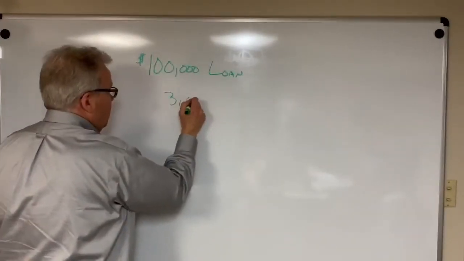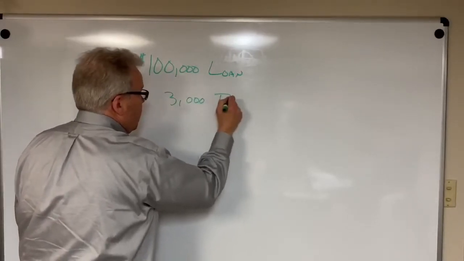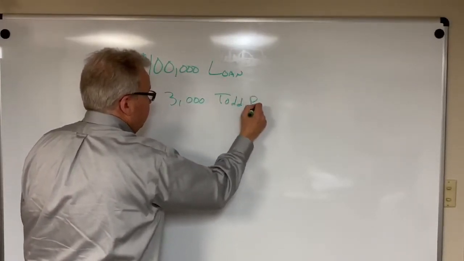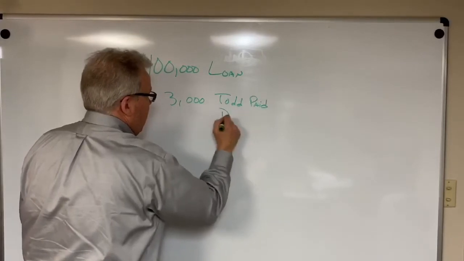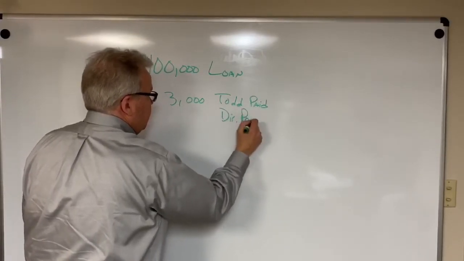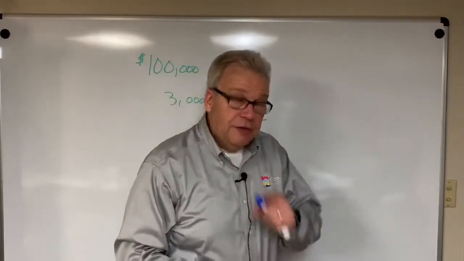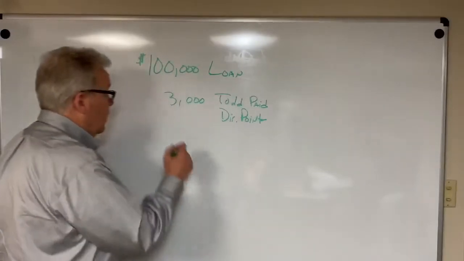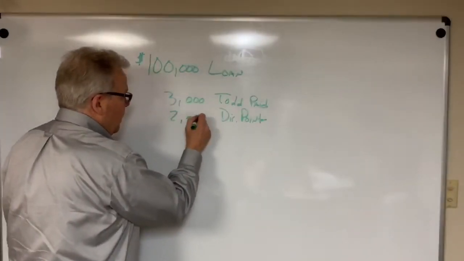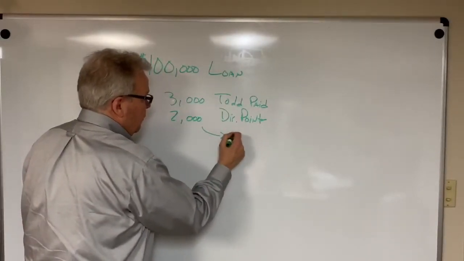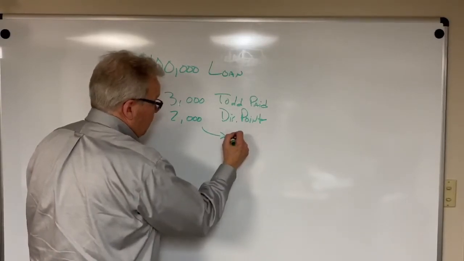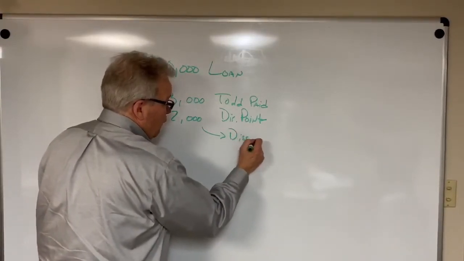And Todd paid $3,000 in discount points, it says. And the seller paid $2,000 in discount points for Todd. You know, sometimes the seller can pay some discount points. So the seller paid $2,000 in discount points for Todd.